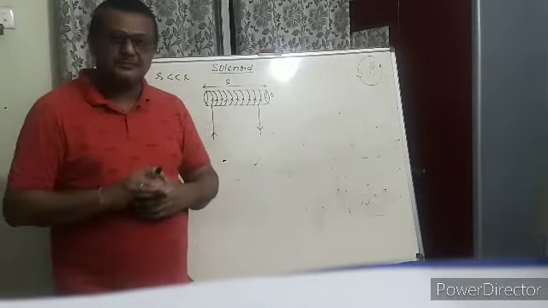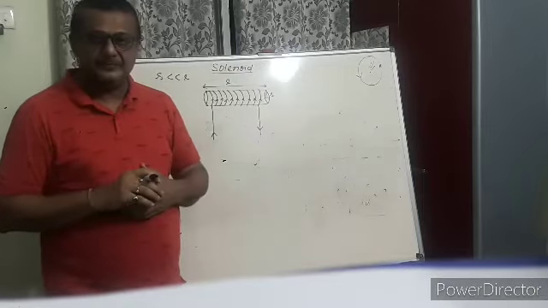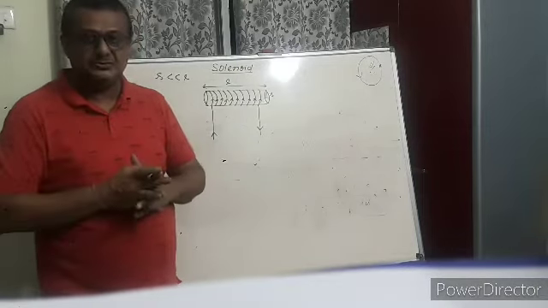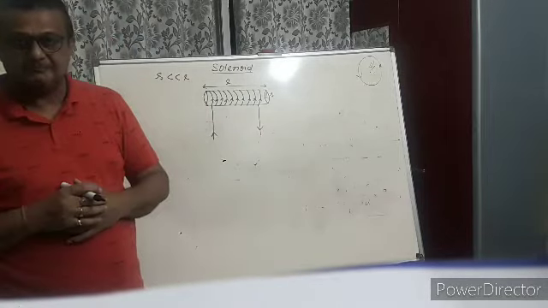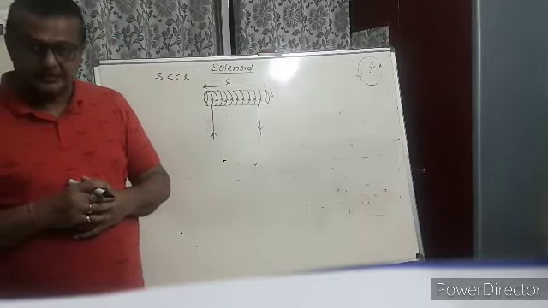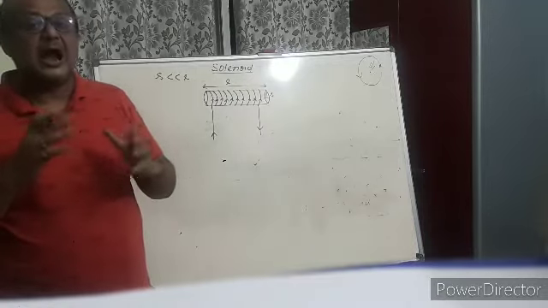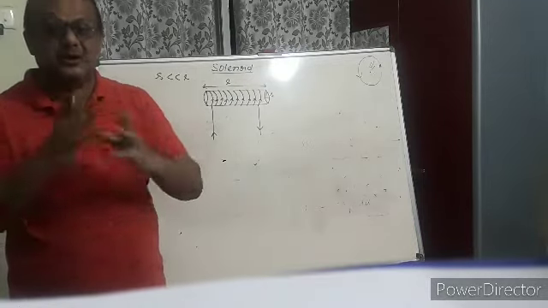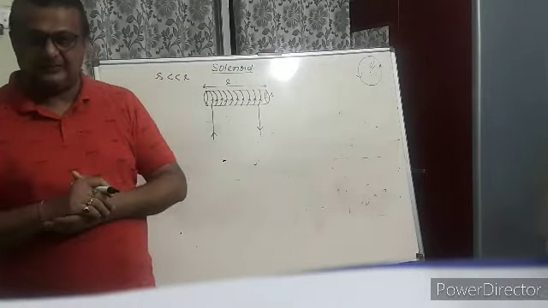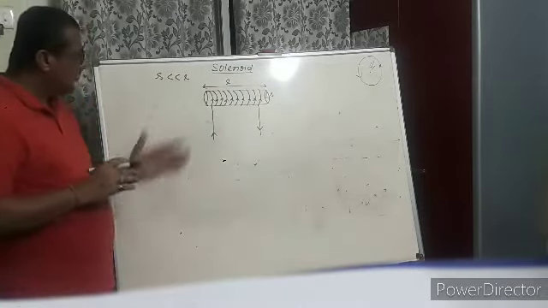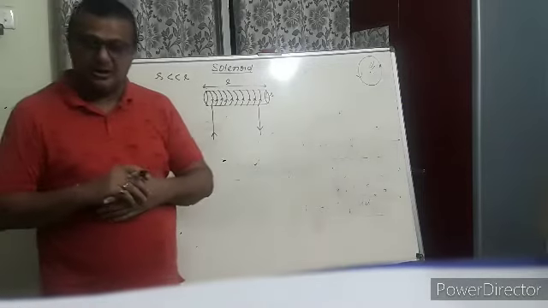If you want to find the magnetic field due to the whole set of turns, you have to take the vector sum of the magnetic fields. Means you have to add the magnetic fields due to the individual turns, and then you can get the total magnetic field. But here we have to use Ampere's circuital law.